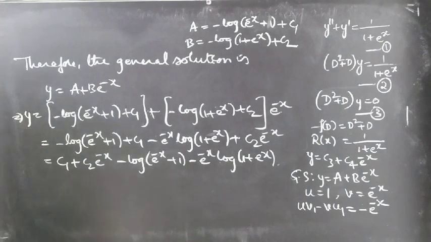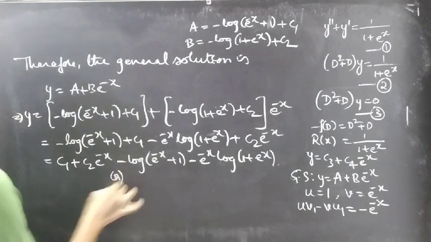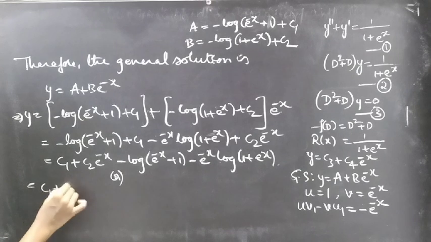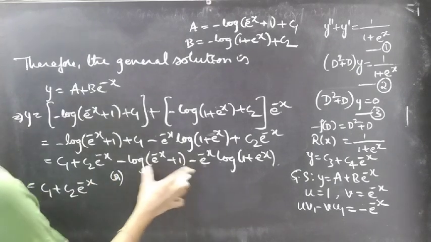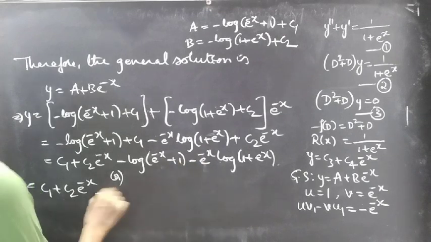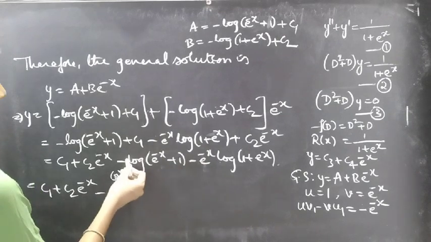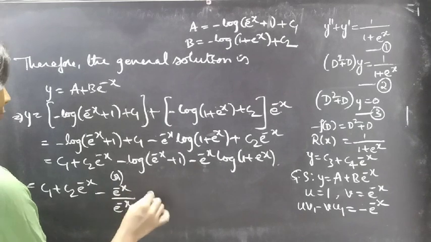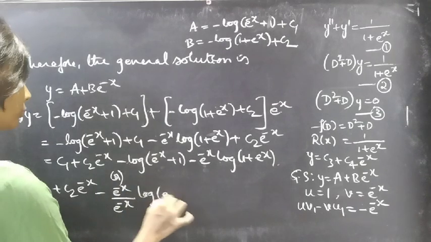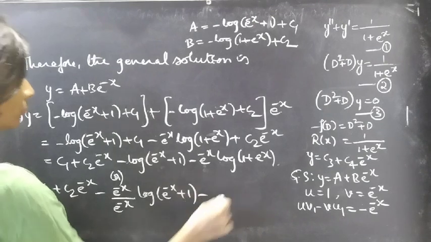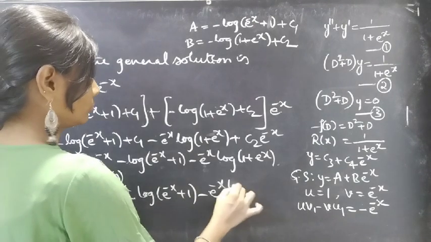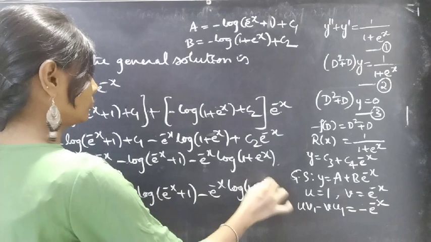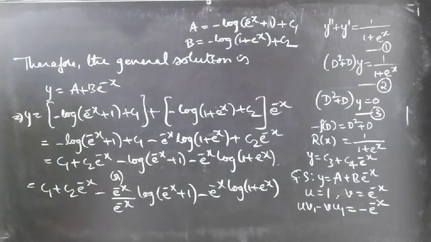Or we can take minus e power minus x common from these two terms simply by multiplying, dividing this term with e power minus x. Okay, now it's easy to take minus e power minus x common from these two terms.